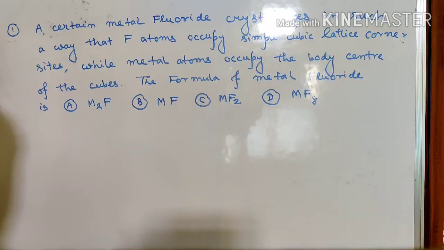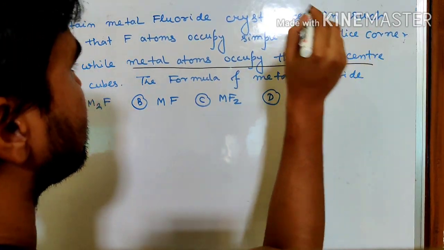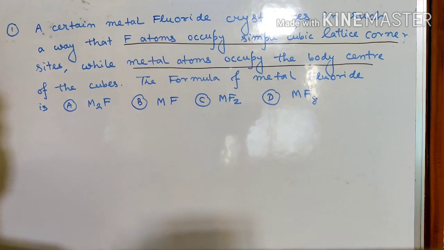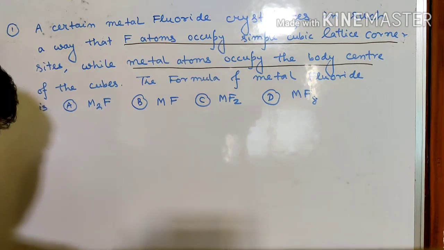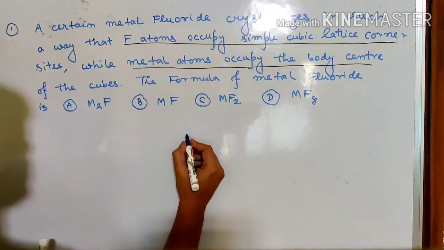So obviously from the given question there are two main things. Metal occupies the body center and F atoms occupy the corners. So let us draw it. If you can draw the diagram, the things become easier.